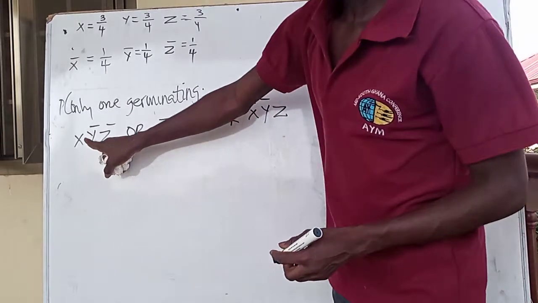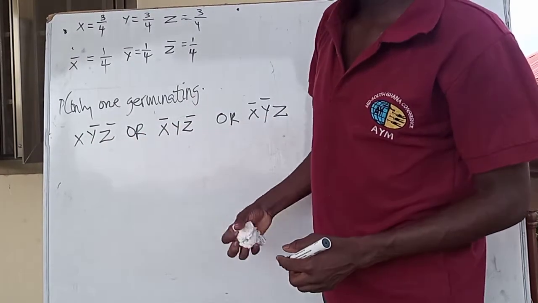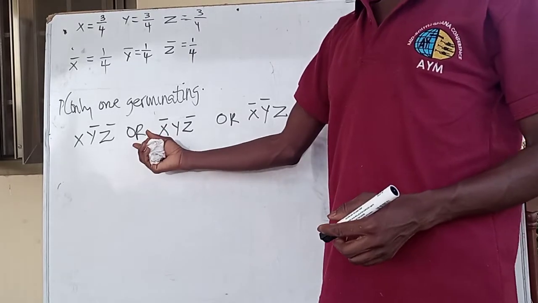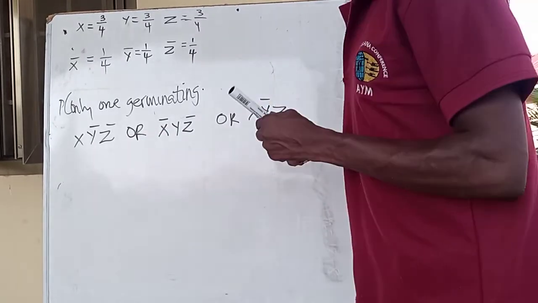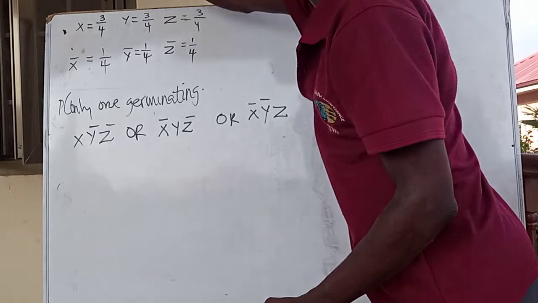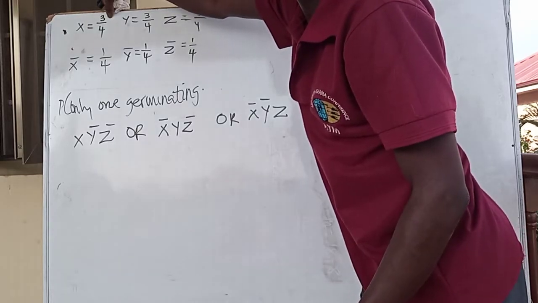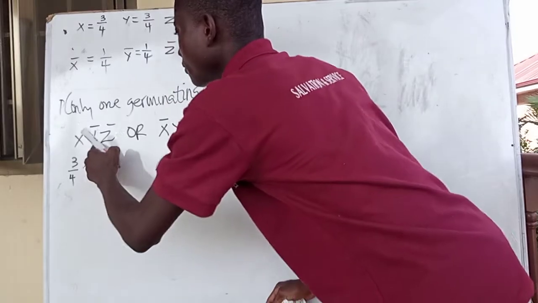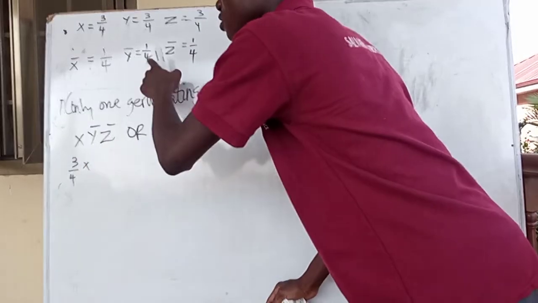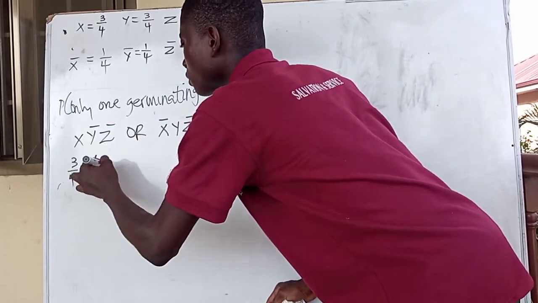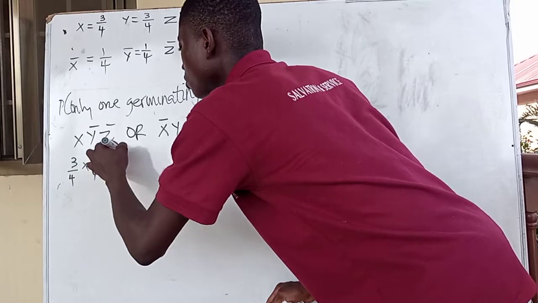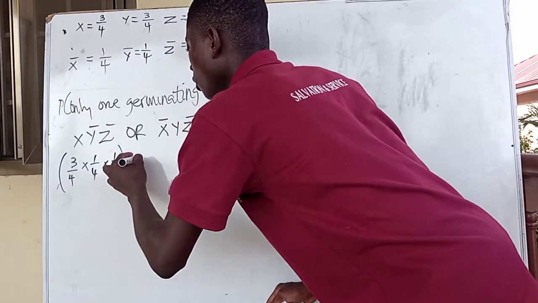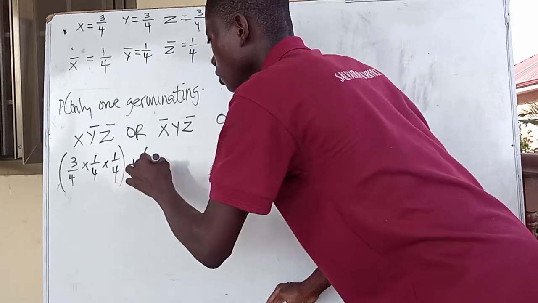Now this means you are multiplying. In mathematics, when you hear or, it means addition. So X will germinate is 3/4, times Y not germinating, 1/4, times Z not germinating, also 1/4. Or, the or is plus.